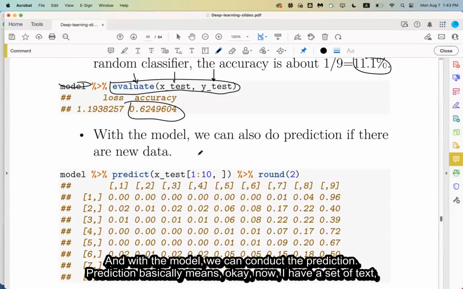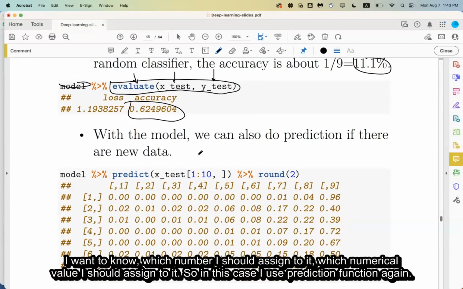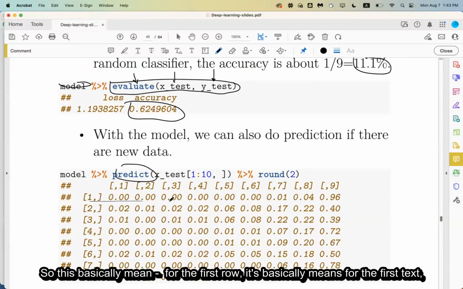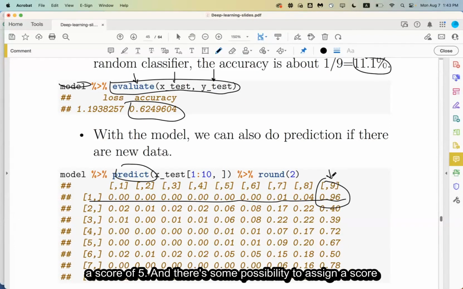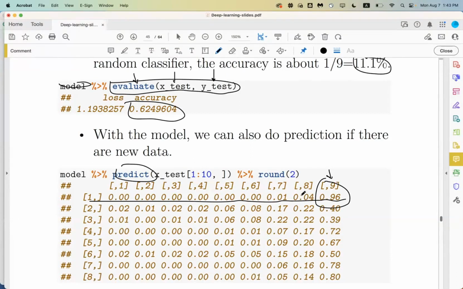And with the model, we can conduct the prediction. Prediction basically means, okay, now I have a set of text, and I want to know which numerical value I should assign to it. So in this case, I use the prediction function again. For the first row, it basically means for the first text, I should give 96% probability to assigning a score of 5, and there's some possibility to assign a score of 4.